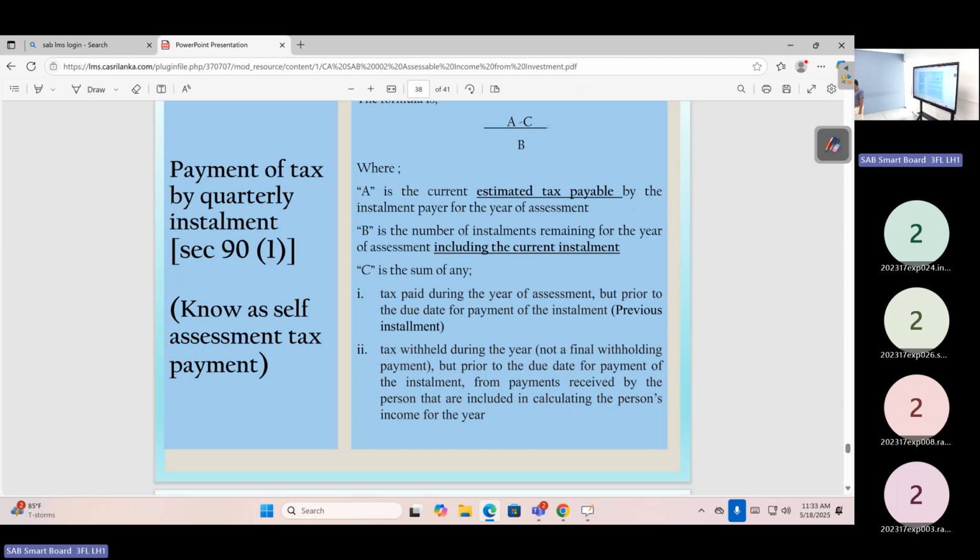Therefore I can deduct that. So any withholding tax up to the due date of the tax payment, if any, I can deduct. That is part of C. So I put it in a very simple way: C is the tax credit available to me, and it could be an installment payment or a withholding payment that I can deduct.